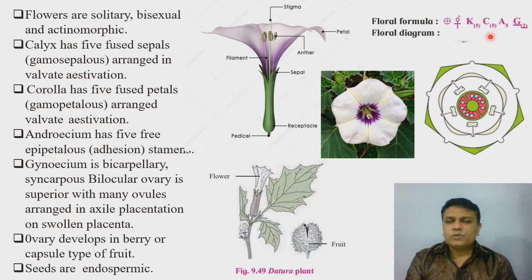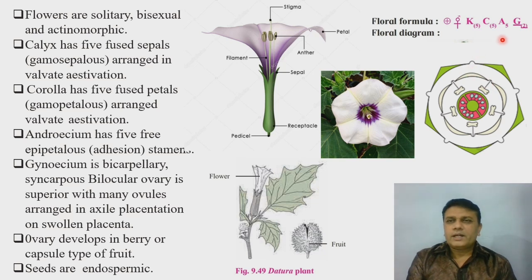Now the corolla shows a total of 5 petals, and 5 is shown in bracket. It means that the petals are fused with each other. Such a corolla where the petals are fused is called gamopetalous corolla.